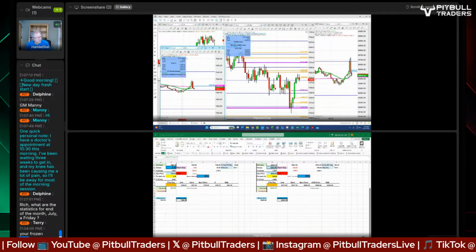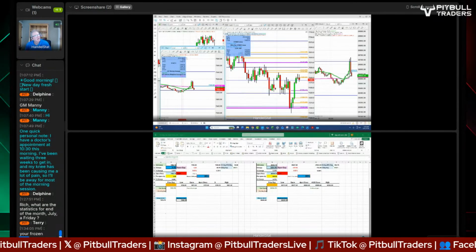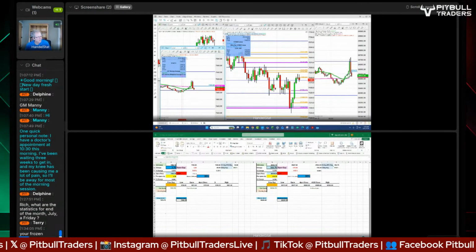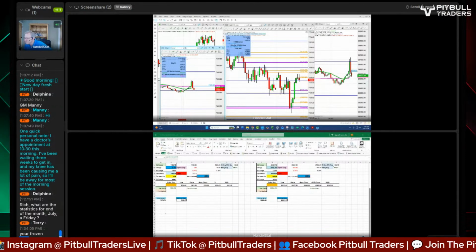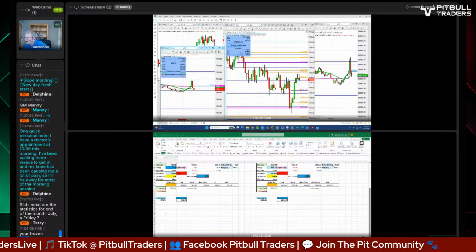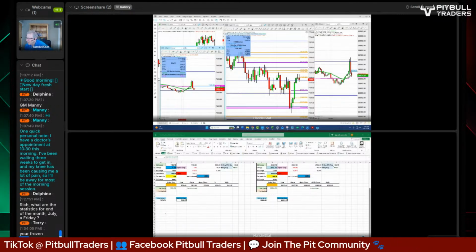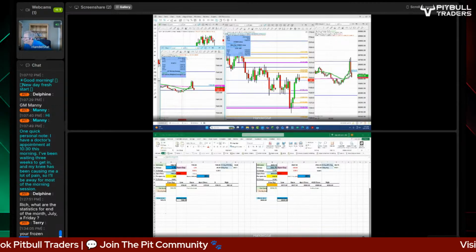So here comes the gap fill in the SPU. And the ES or the NASDAQ has a lower probability of gap fill. Let's see, I gotta do this now. We still got a ways to go here.